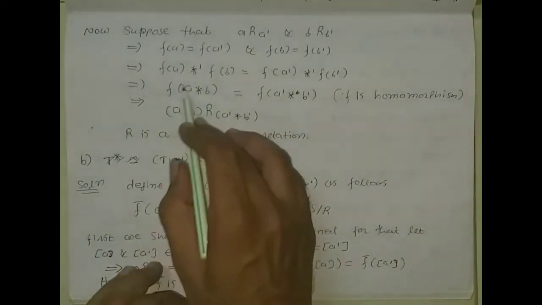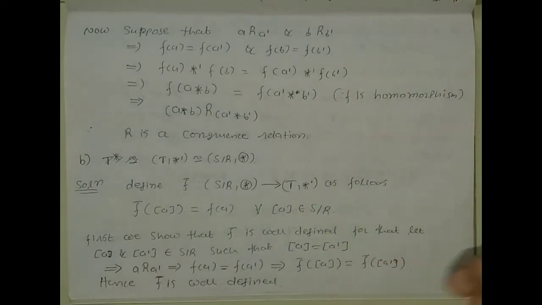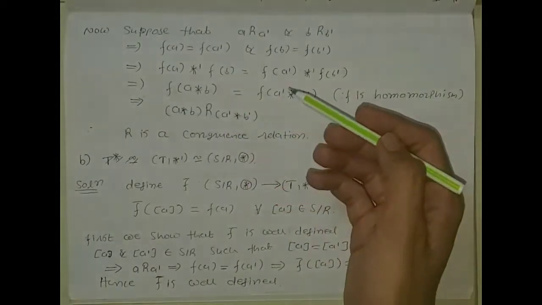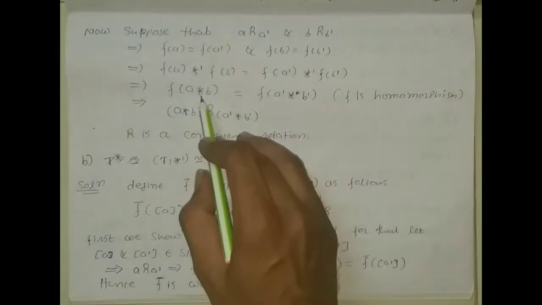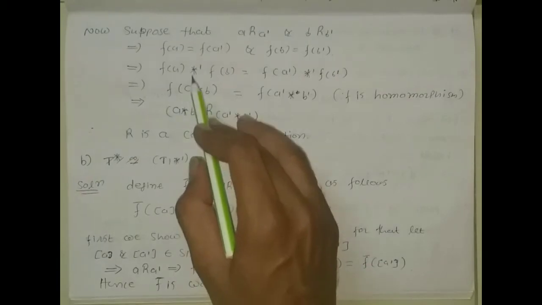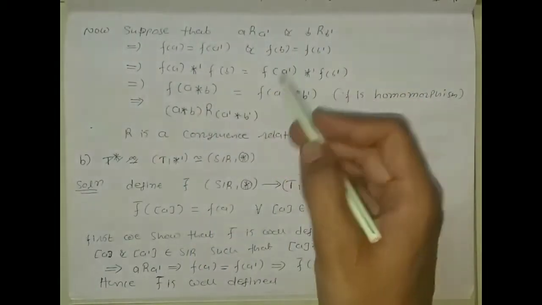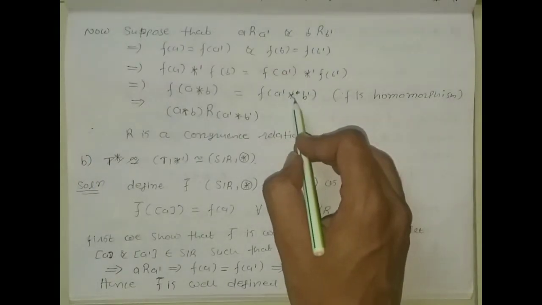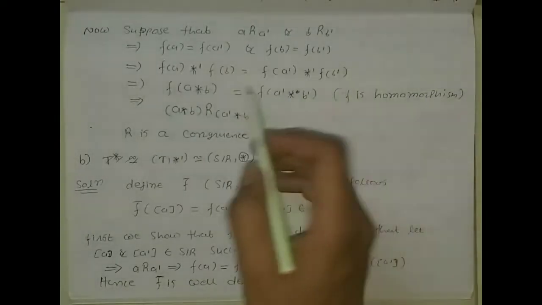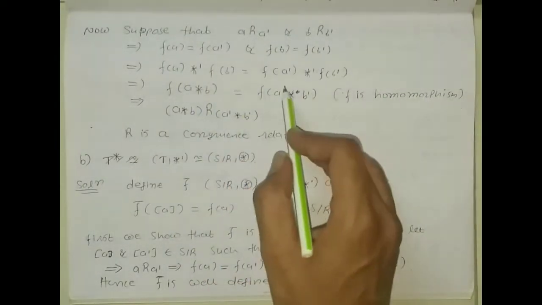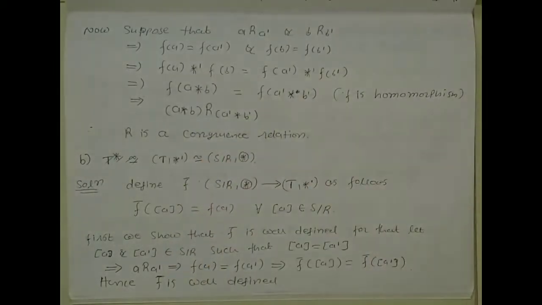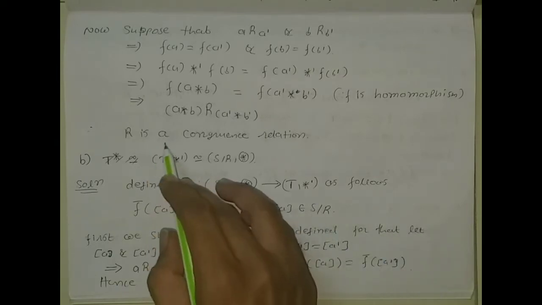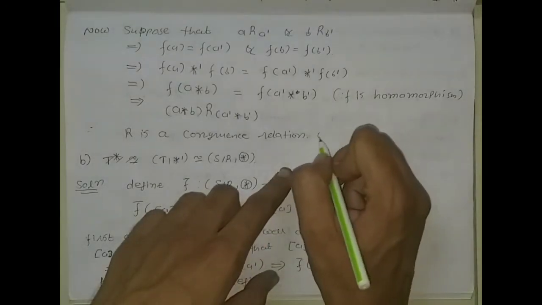So this can be written as f of A star B, from the homomorphism, equal to f of A dash star B dash. Here it is star, not star dash, since star is the binary operation for semigroup S and star dash is for semigroup T. So f of A star B is equal to f of A dash star B dash. That means A star B is related to A dash star B dash. So both properties of the congruence relation are satisfied, and R is a congruence relation on S star.